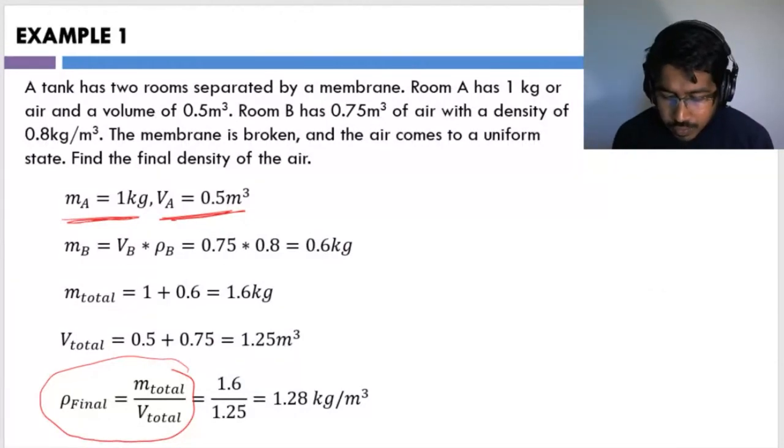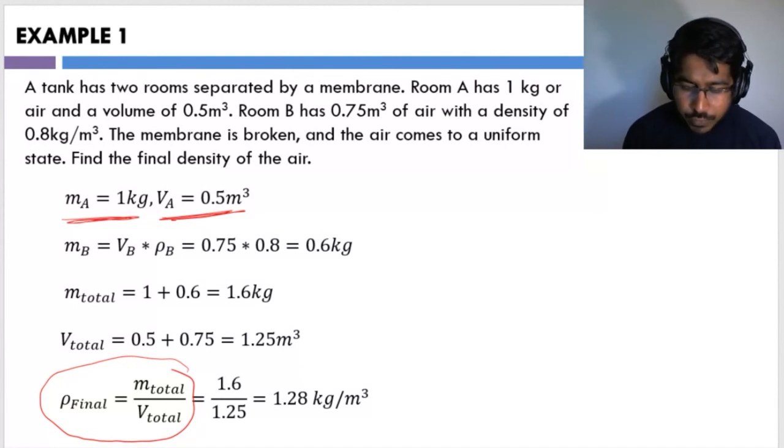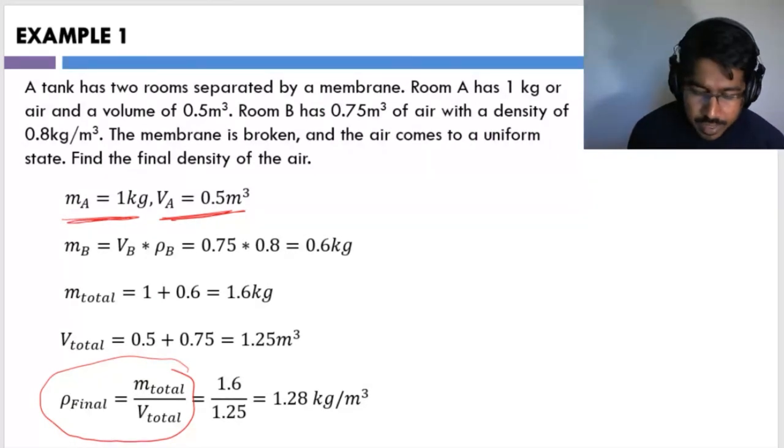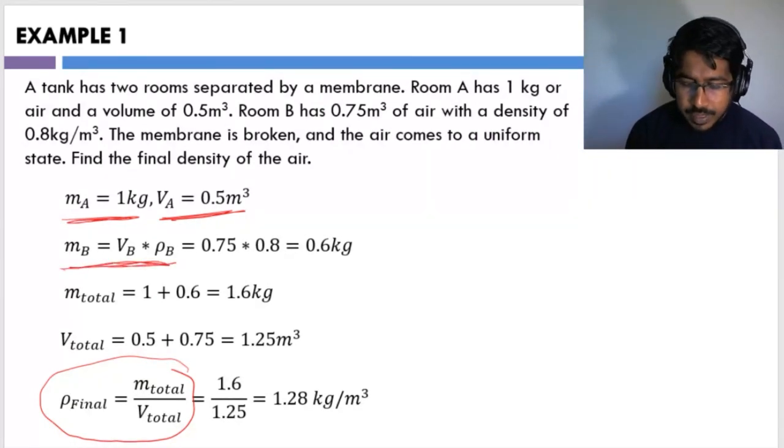But in room B, we have been provided with volume and density. So in order for us to find the mass, we have to use the definition of density. The definition of density is rho equals m divided by V. If we want to find the mass, we multiply the volume by density.